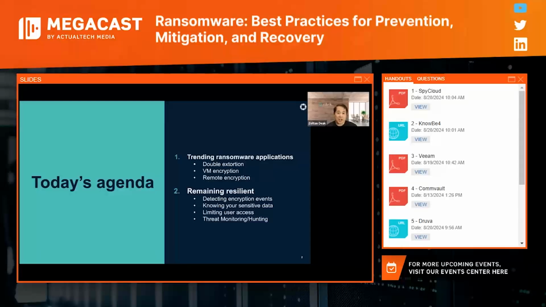I'm not going to talk about specific ransomware types, but rather how attackers are putting those ransomware types into practice to gain leverage, target systems, and gain more effectiveness. After that, we'll talk about things you can do to maximize your success against these practices. But I'm not going to talk about prevention.